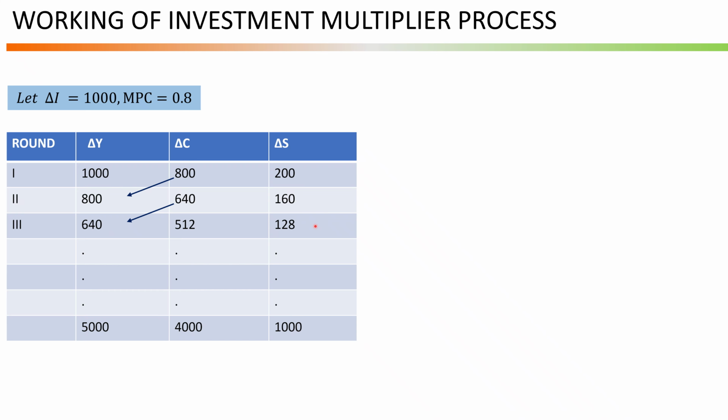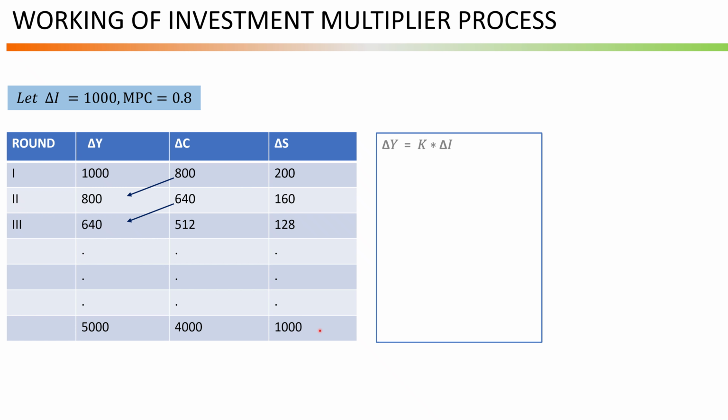And the process continues till the entire initial investment gets exhausted and becomes a part of total savings, and no more consumption expenditure or saving can be done out of it. We can calculate the total income generated by using the formula delta Y is k times delta I. And we get the value of delta Y as 5,000 crores.